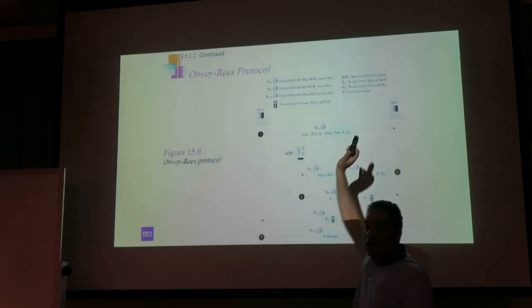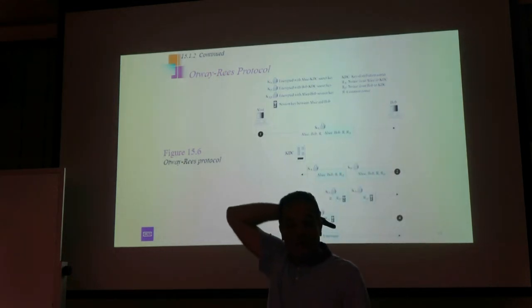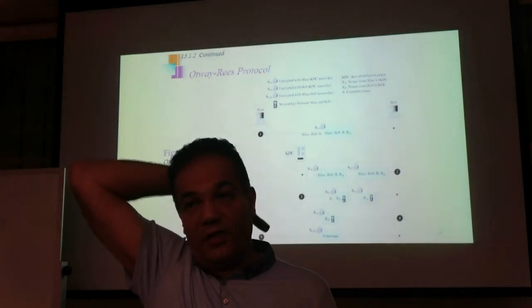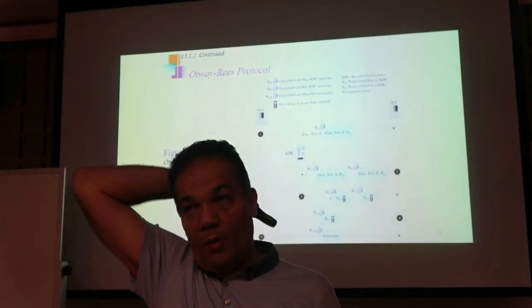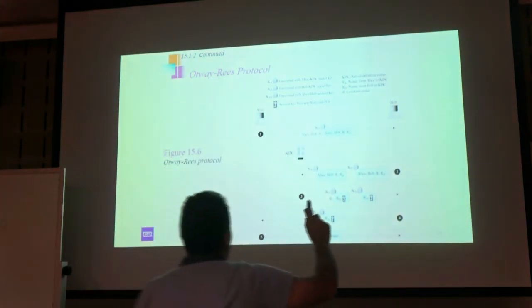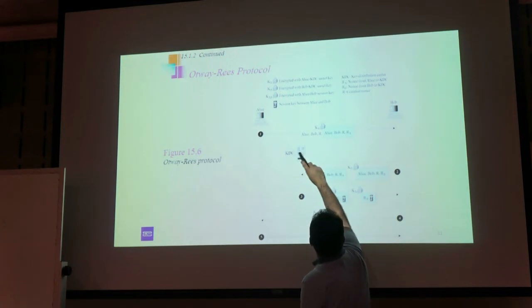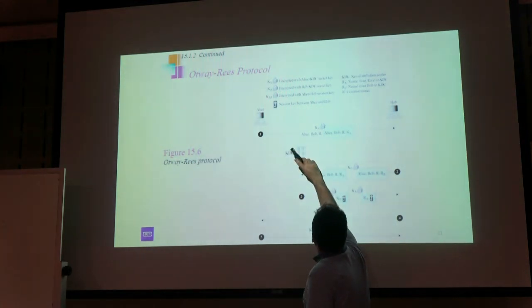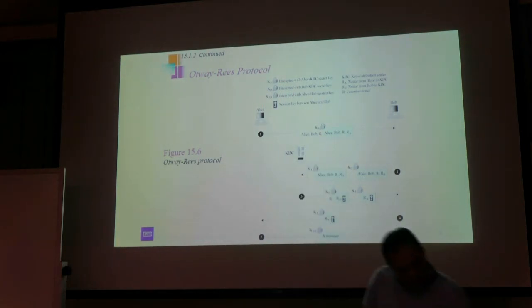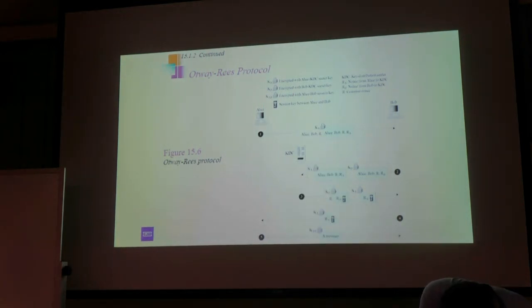Okay. So in here we are using what? Public key cryptography to share a private key. Public key cryptography to share a private key. So it will be encrypted with Alice's key, this is KA, I think. Alice's private key, KA.